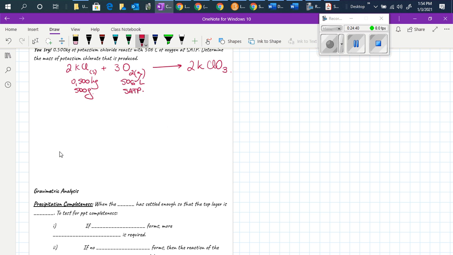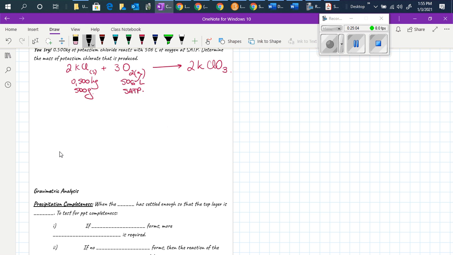And this is where I suggest you do stoic with both reactants to see how much is produced. This will be a different method of identifying both the limiting reactant and the mass that is produced.